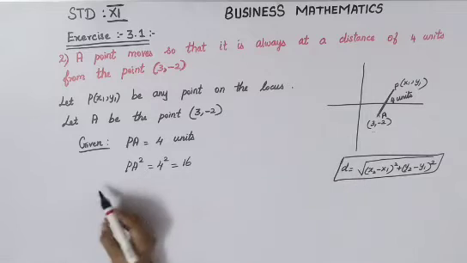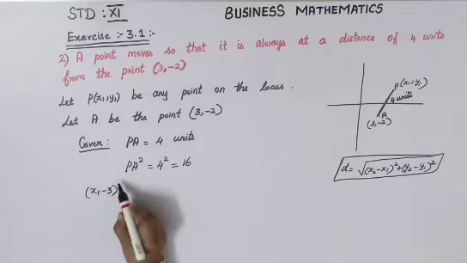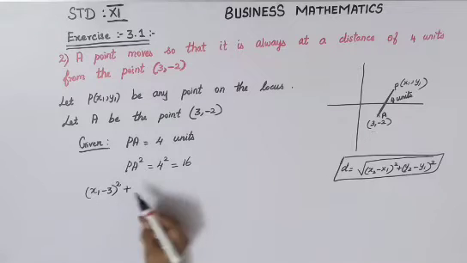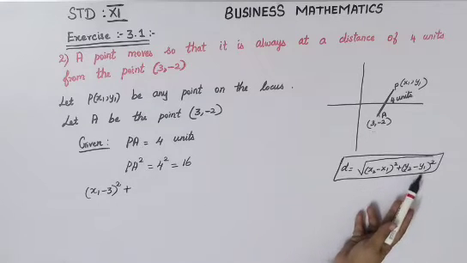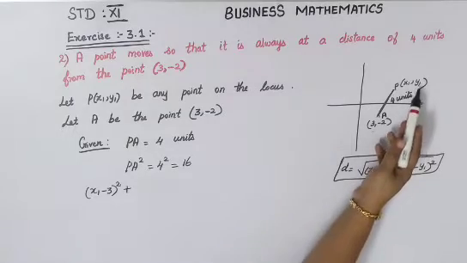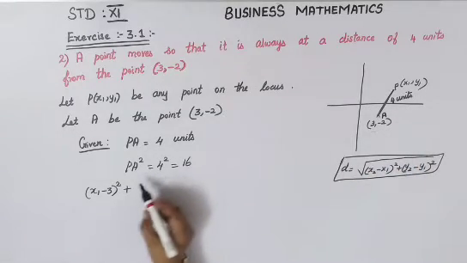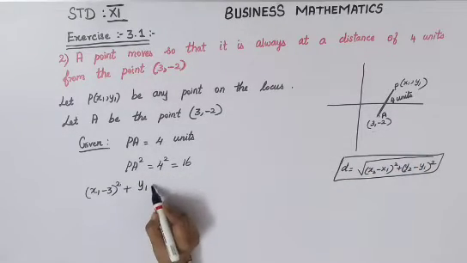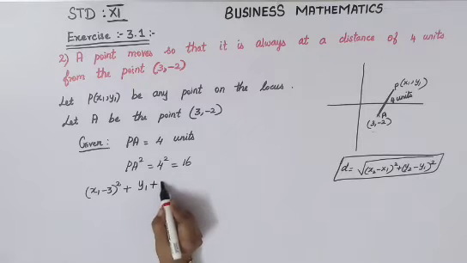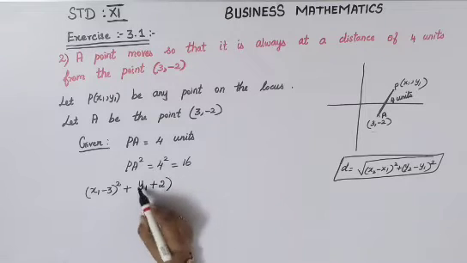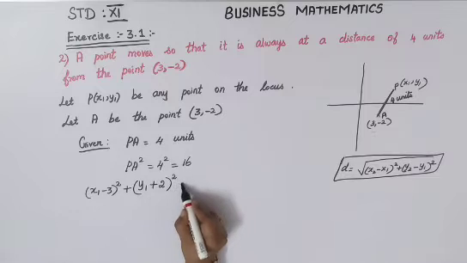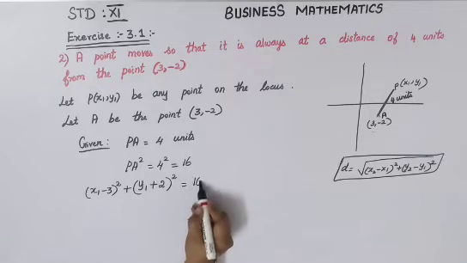So you'll get (x1 minus 3) the whole square plus, from the formula, y2 minus y1, so you'll get y1 minus of minus, which becomes plus 2, the whole square, which is equal to 16.